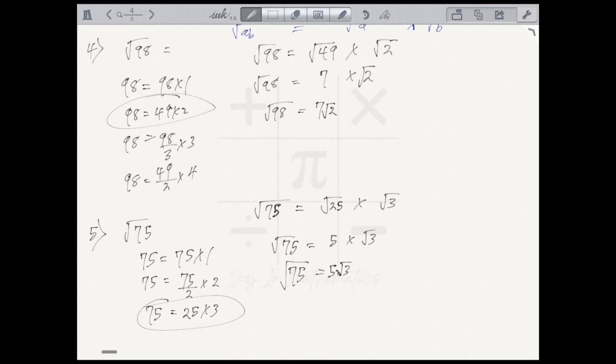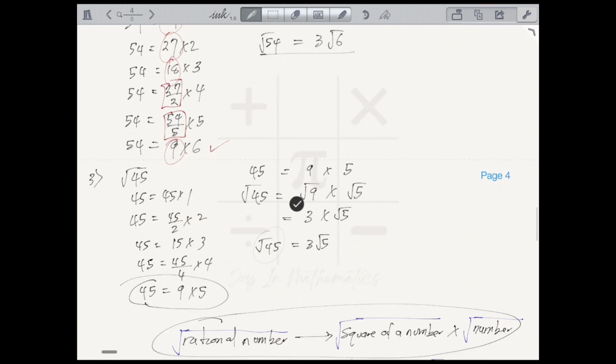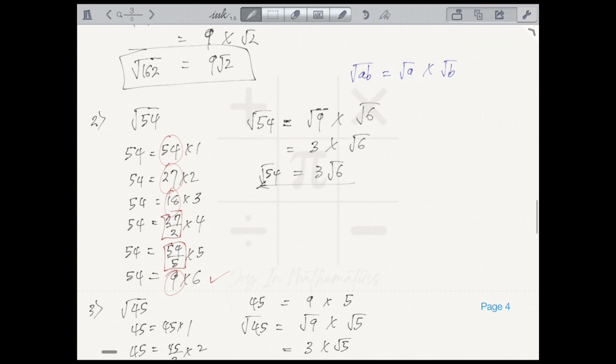Now we have seen how to convert from single surd to basic form. The question is, how do we go backwards from basic form to single surd? And that is what we'll be dealing with in the next video.